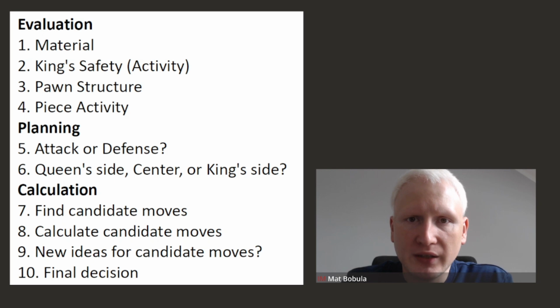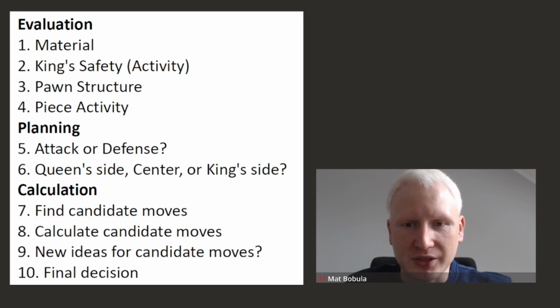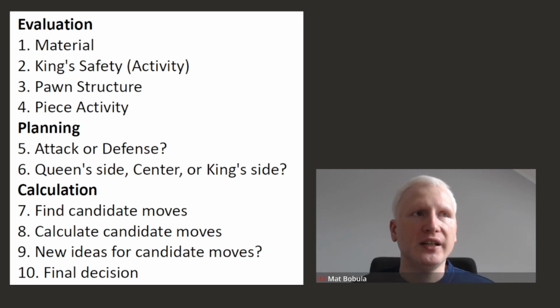And once you have calculated your first 2 or 3 candidate moves, and you are able to judge every move, later you have to ask yourself the question, are there any new ideas that I should consider? Because very often when you're calculating, there are new moves that come to your mind. Not always, but it happens quite often.